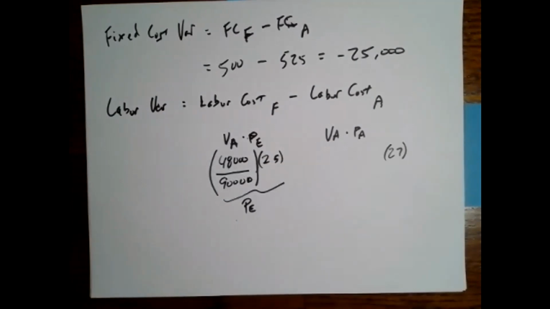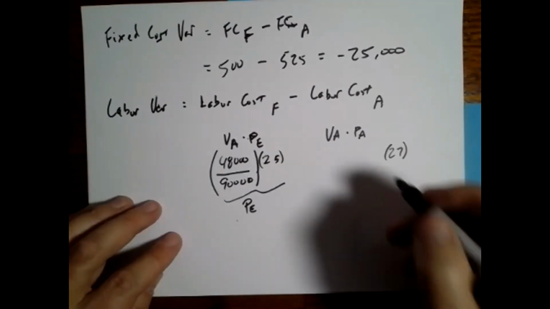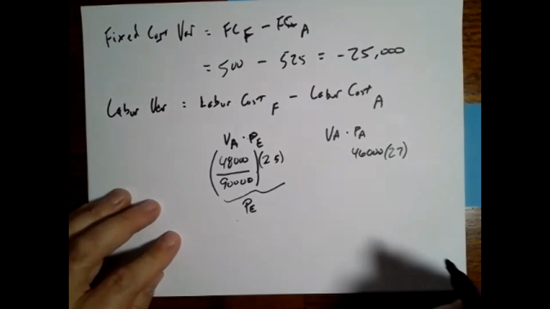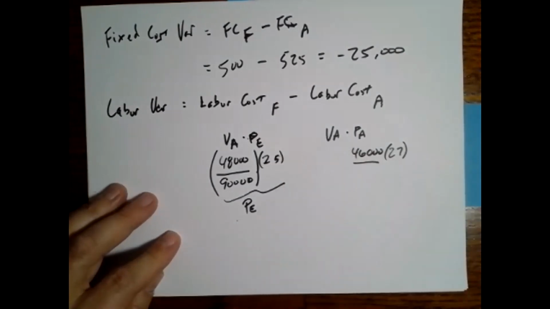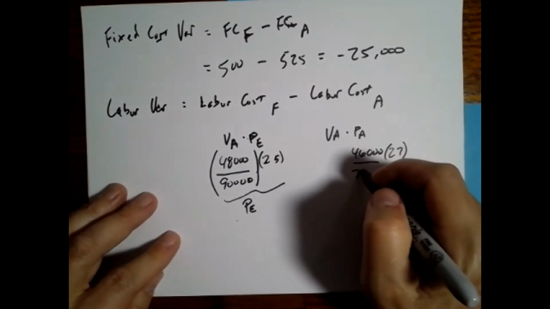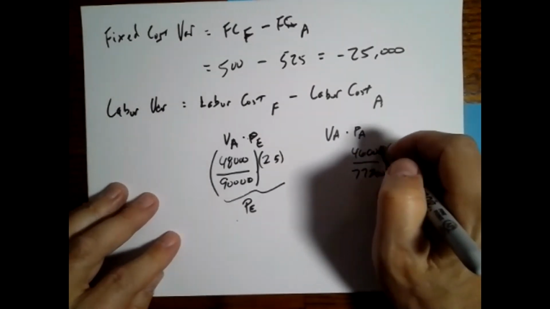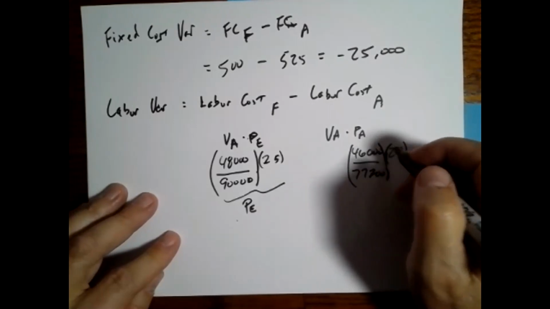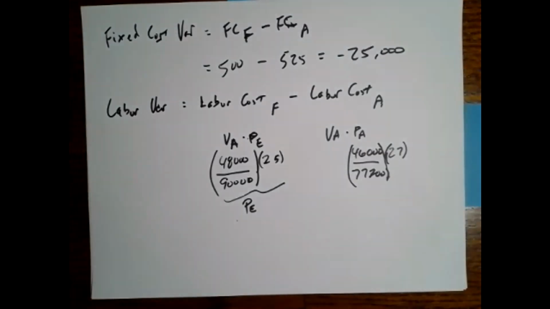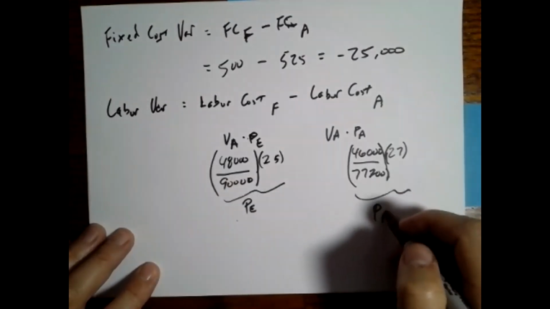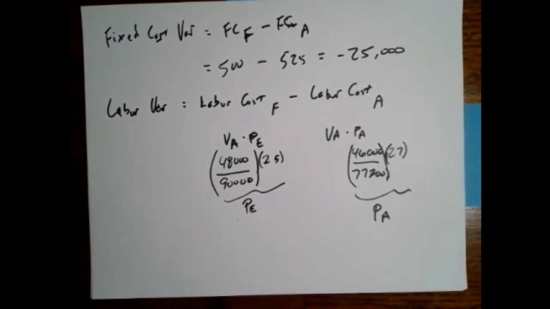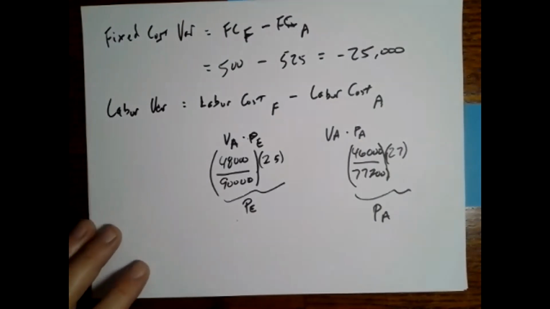Over here, going back to 8.4, we have an actual 46,000 hours of labor divided by an actual 77,200 visits. This is our price actual versus our price expected. So it's a price per visit in terms of man hour dollars.